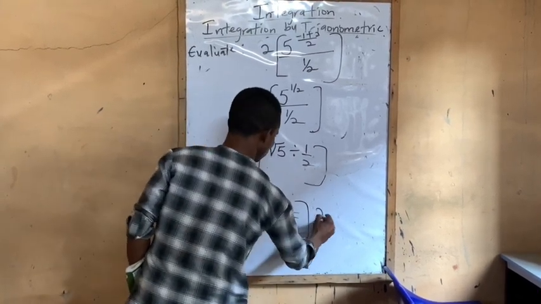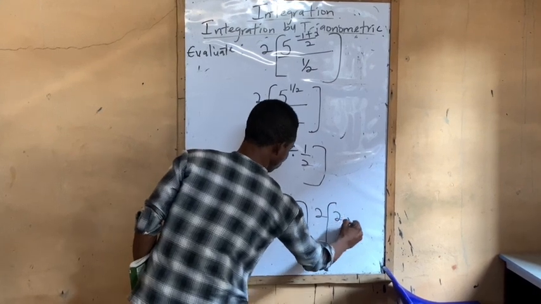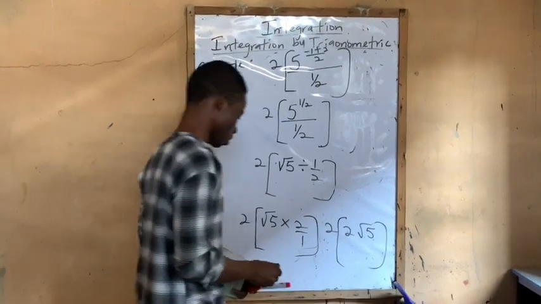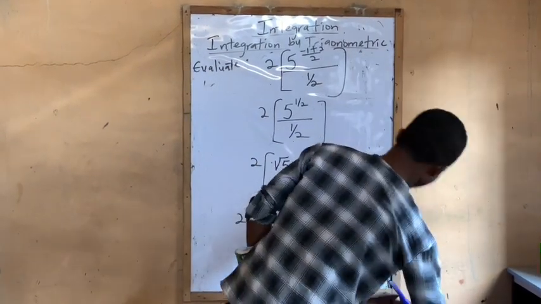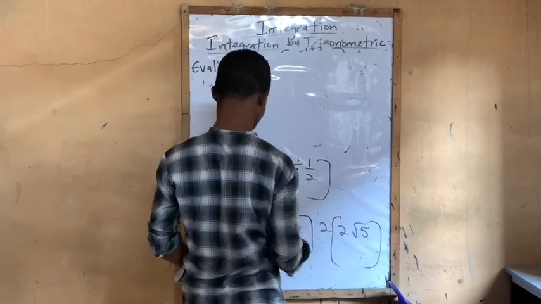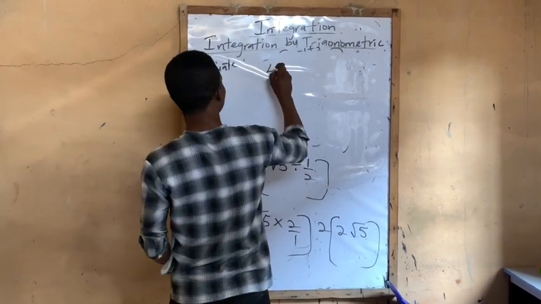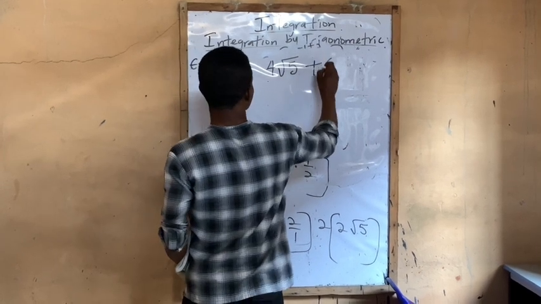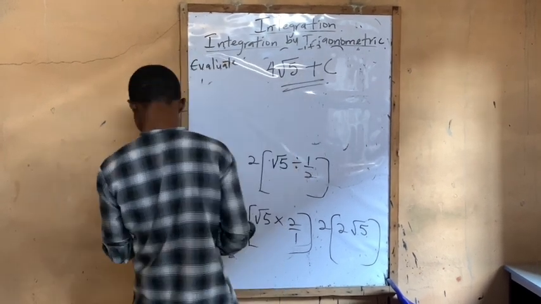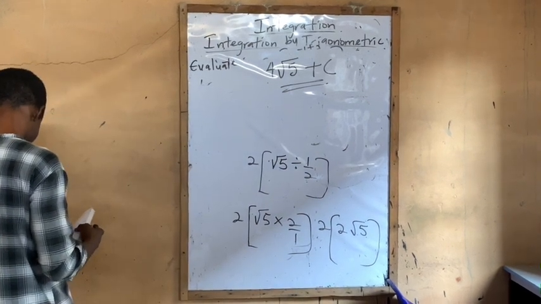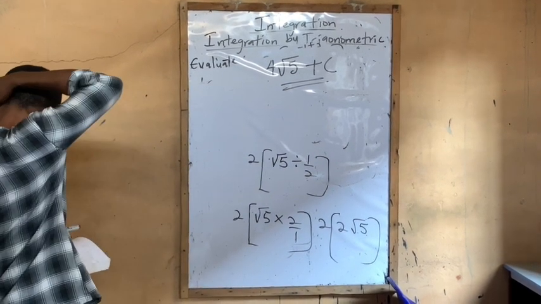So that will be 2 into bracket 2 root 5. So lastly, we are having 4 root 5 plus c.